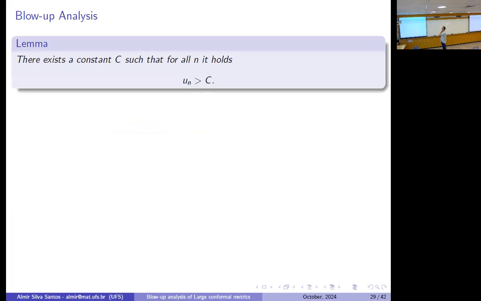So the first thing that we prove is that this family of solutions is bounded from below.